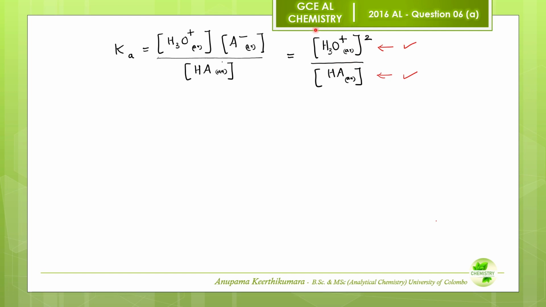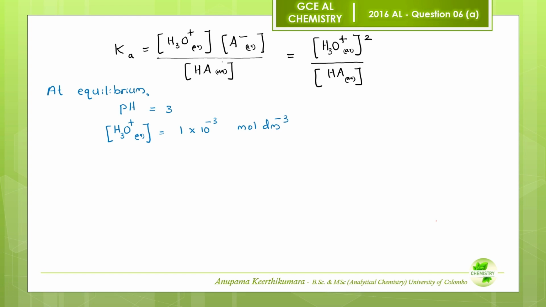The concentration of H3O plus at equilibrium can be calculated using the given pH value. At equilibrium, the pH value of this dilute HA solution is 3. Therefore, H3O plus concentration at equilibrium is 1 into 10 to the power minus 3 moles per cubic decimeter.